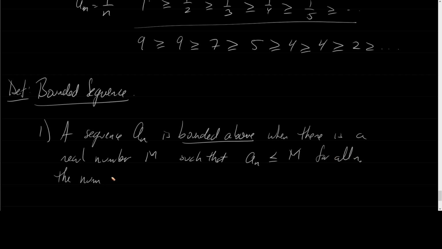The number m is called an upper bound of the sequence a sub n.